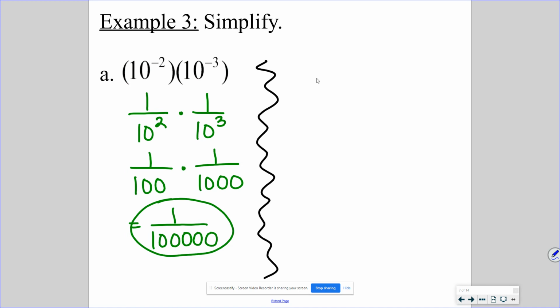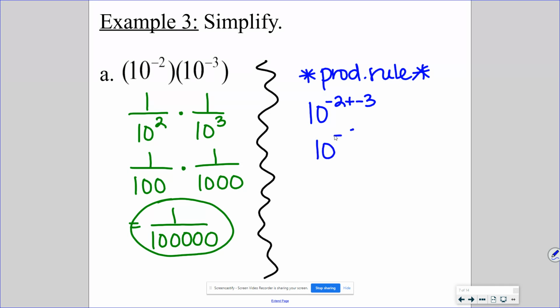So option 2, what you could do from the beginning is you could do product rule. Because this is a multiplication problem, right? So you can do product rule. And product rule says to add the exponents. So this would be equal to 10 to the negative 5th power.